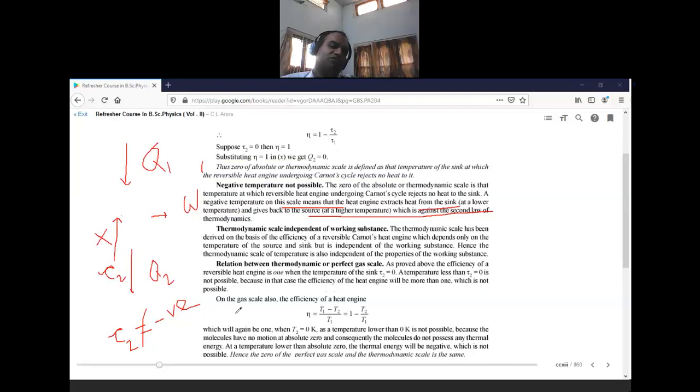It is not possible to take out heat from the sink at lower temperature, because the minimum value tau 2 can have is 0. Tau 2 can be negative only if you can take out heat from the sink, which is not possible and violates the very concept of the second law of thermodynamics. I hope you understood why negative temperature is not possible. It will be included in your note.